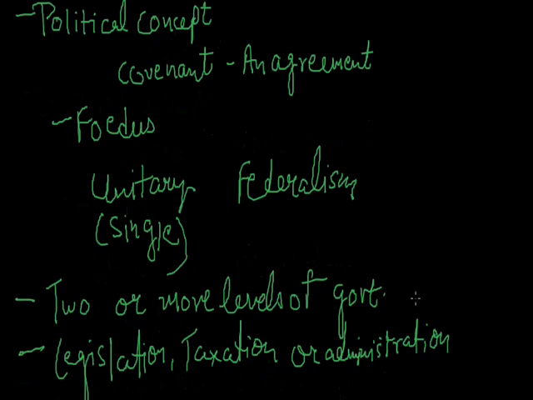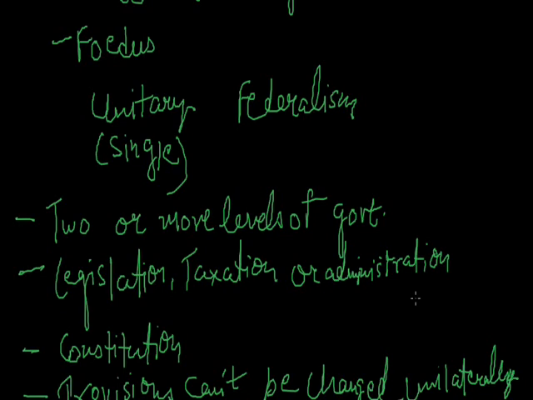There are two types of government systems in the world. One is unitary, another one is federalism. Unitary, as the name indicates, has only one level of government, and the other levels are subordinates to the central government.